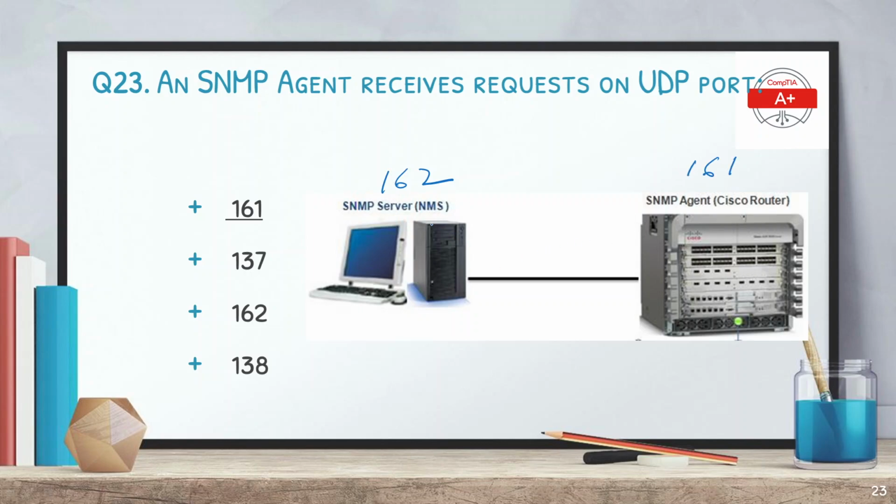The NMS, network management system, is the station or workstation or the server that manages many different network devices. Let's suppose this is a firewall. All these network devices use port 161 while the main NMS server or the management system uses port 162, and the protocol in both cases is UDP.